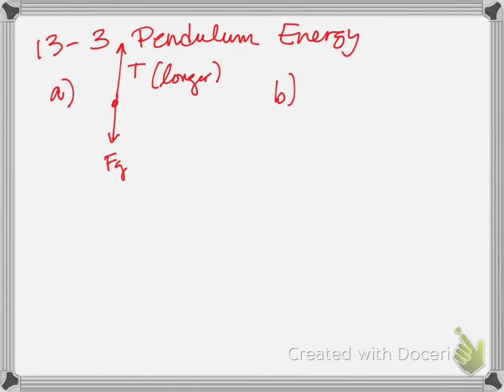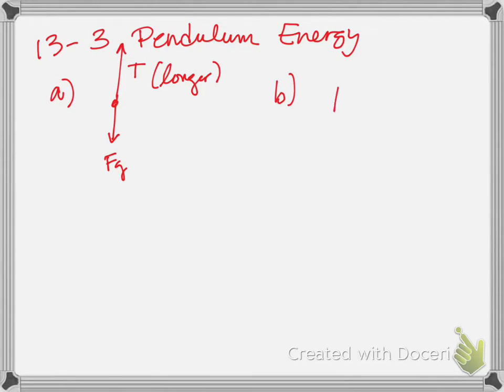Calculate the maximum kinetic energy of the sphere as it oscillates. So I figured that I could use the period of oscillation to find the length of the string, because that's not given to me.